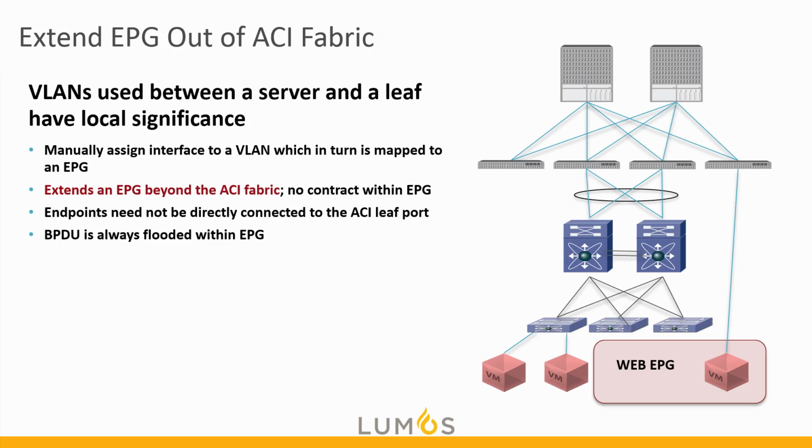So what we'll do is we'll go ahead and, in this case, we have a back-to-back VPC, and we'll just go ahead and tag not necessarily these two ports, but really for each of these leaf switches, the VPC interface, and we'll tag it in this EPG. We'll tag it to VLAN 10.